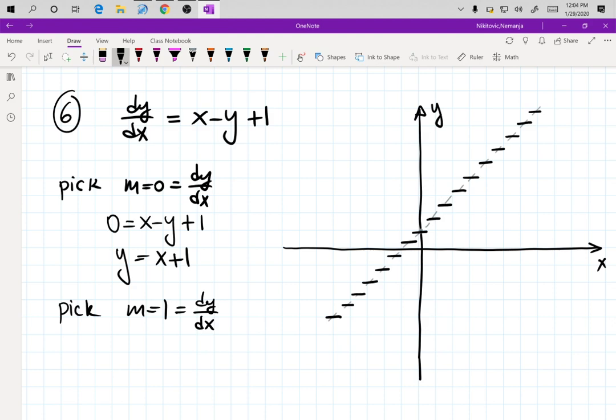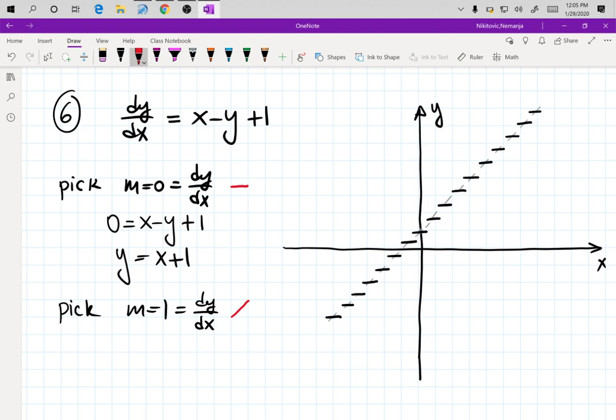Now, what I'm going to do here on the side is put a red little line to denote what it means for a slope to be 0. And over here I'm going to put a little 45 degree red line, which is what it means for a slope to be 1. Once you get your gray line, along that gray line, you get to put these kind of lines. Not that one, that's a 0 slope line, these black lines.